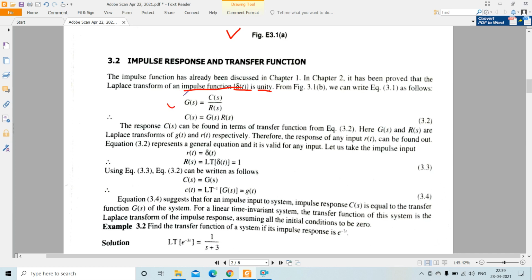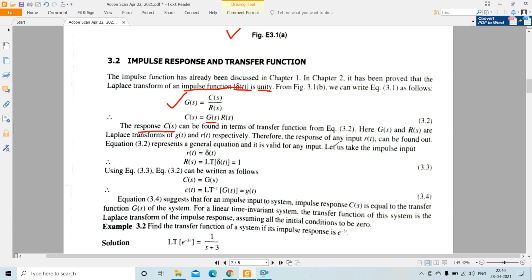So see, this is the transfer function G(s) is equal to C(s) by R(s). So we can write C(s) is equal to G(s) into R(s). So here the response C(s) can be found in terms of the transfer function G(s). Here G(s) and R(s) are the Laplace transform of g(t) and r(t) respectively.